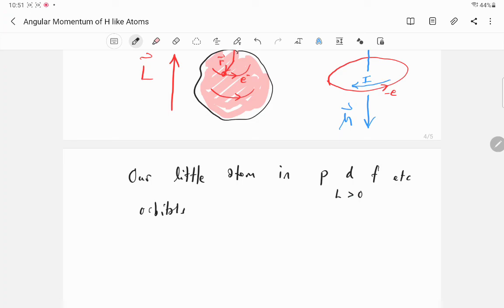It has angular momentum. Our little atom in these p, d, f style orbitals, where angular momentum is not 0, is actually a space quantized magnet.